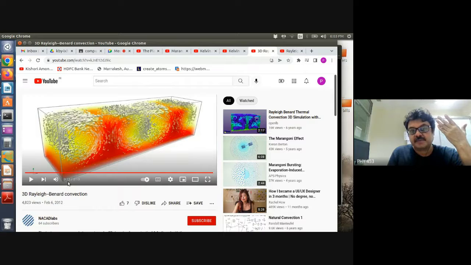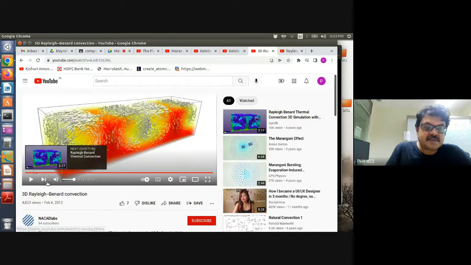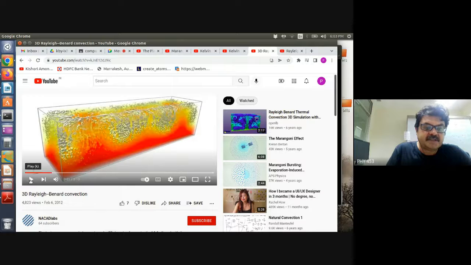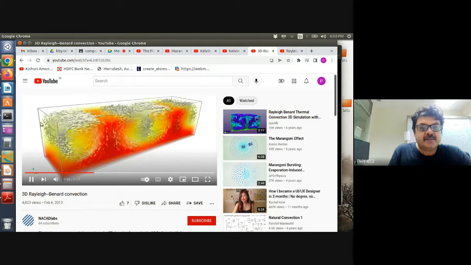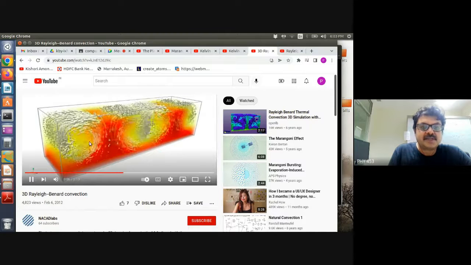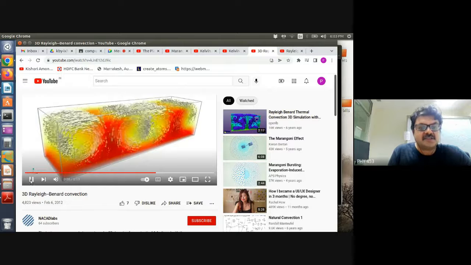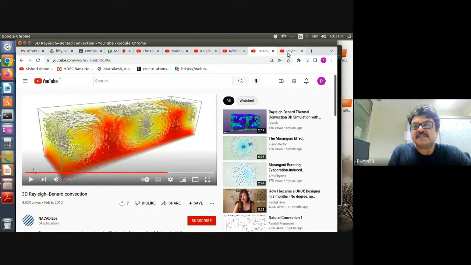Beyond a certain point, convection currents set in, and they become swirls like this. This is from a computational fluid dynamics (CFD) video showing the Rayleigh-Benard convection swirls. But you can also see it in the lab.